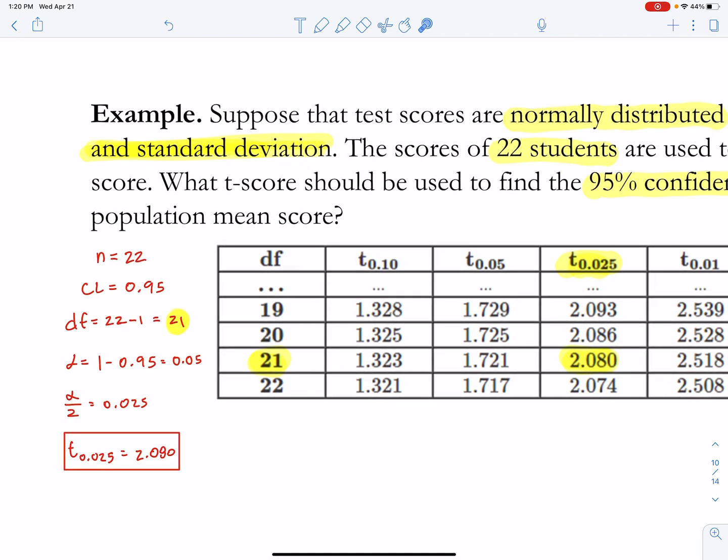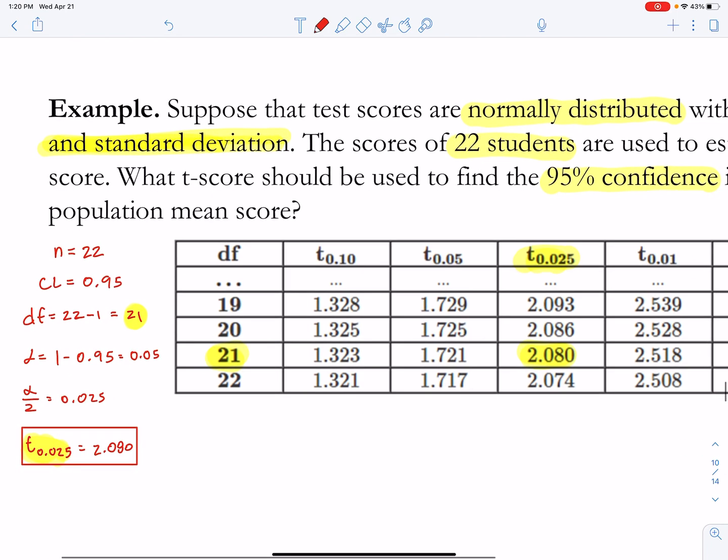That is going to be alpha, which is 1 minus my confidence level, which gives me 0.05. We can't stop there. Remember, we have to do alpha divided by 2, which is 0.025. So that gives me a t 0.025. I'm going to highlight that because we need that in the table.